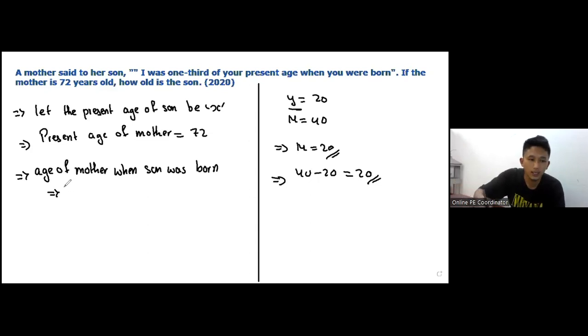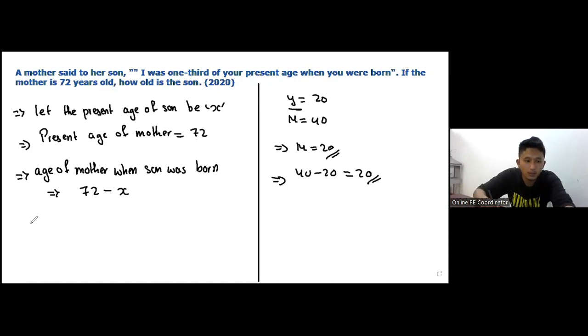So similarly, the age of the mother when the son was born: her age now is 72 minus x. Okay, 72 minus x. The question is saying, "I was 1/3 of your present age."